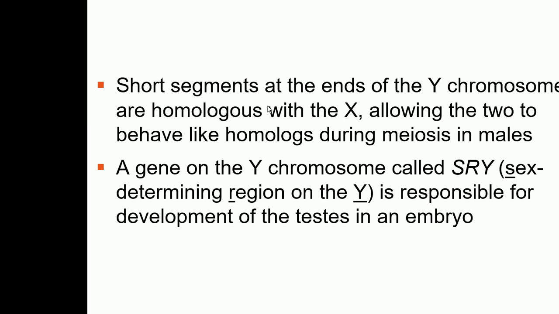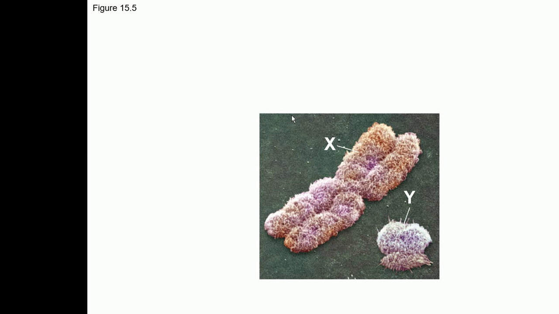The short segments at the ends of Y chromosome are homologous with the X chromosome. So the short segments at the end of Y chromosome are homologous to some segments here on the X chromosome. That's why they pair up. They form a homologous pair.